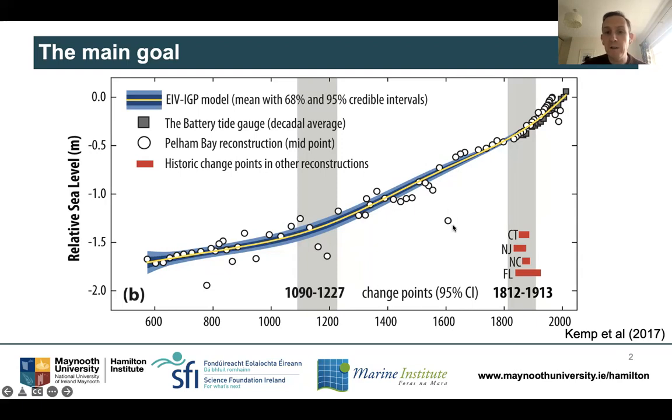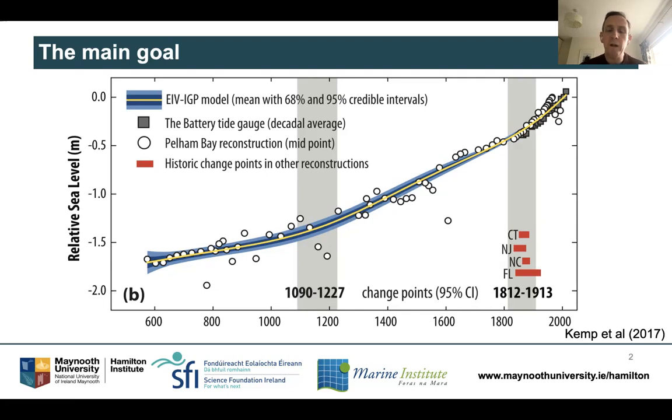They have vertical uncertainty because you don't know exactly what the sea level was at that particular point. And they have horizontal uncertainty because you also don't know exactly what the date was. The tricky part for most of these models is how you take account of both of those two sources of uncertainty.